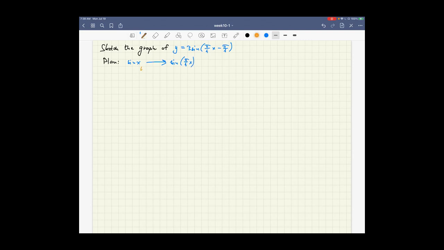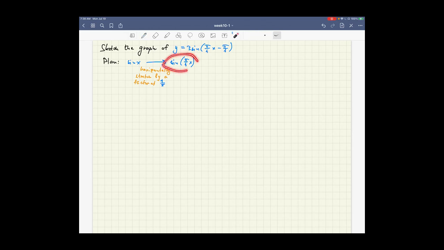So horizontally stretch, because pi over 4 is less than 1, we stretch horizontally by a factor of 4 over pi. So we will slow down our function. It will be with a period greater than 2 pi.